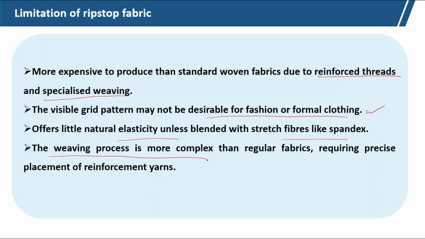The weaving process is more complex than for regular fabric. So, in regular fabric we need only one set of warp and one set of weft. But here we need two different types of warp yarn, and the main problem is that we are using one stronger yarn along with the normal yarn.